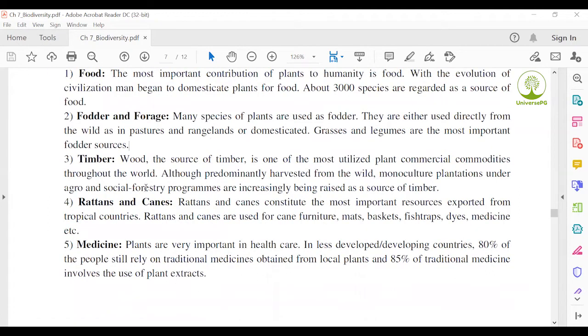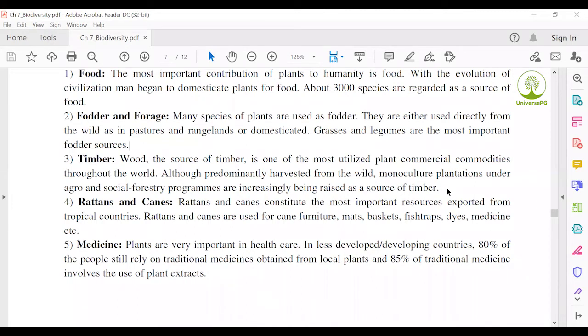Next, timber, wood. Wood, the source of timber, is one of the most utilized plant commercial commodities throughout the world, although predominantly harvested from the wild. Monoculture plantations under agro and social forestry programs are increasingly being raised as a source of timber.